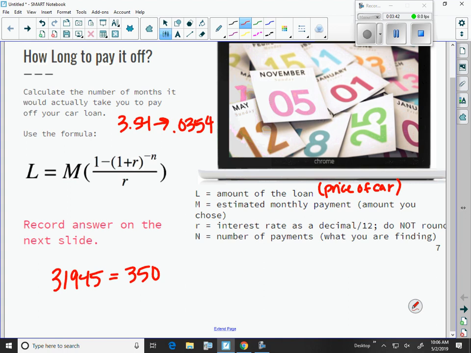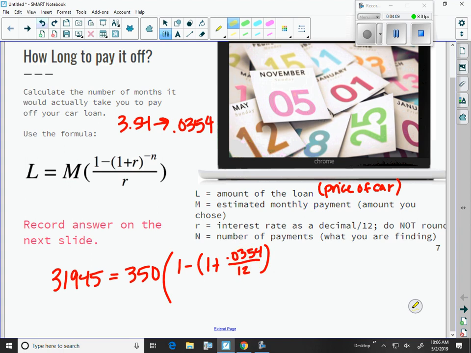So if you look up here, we have to fill all of this portion in. Okay, so bear with me here. So we have big parentheses, 1 minus little parentheses. Okay, so my R is 0.0354 divided by 12. So that's the whole R value, this part right here. That's my whole R value.